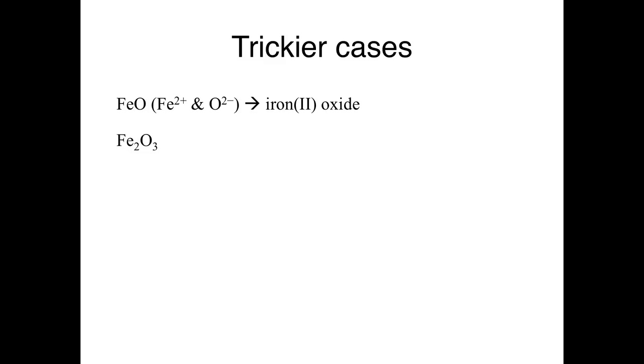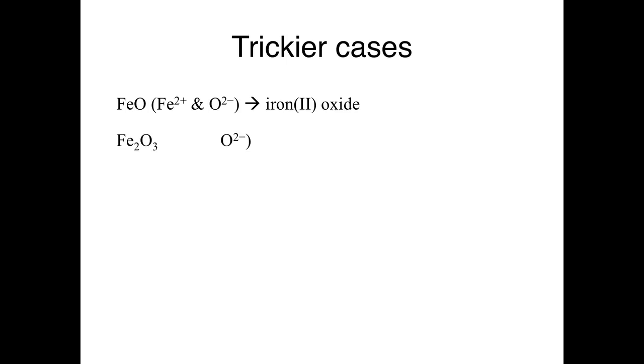Another example, Fe2O3. The oxygen still has a negative 2 charge, always. In this case though, there are 3 oxygens, so 3 times 2 minus is negative 6. To cancel out that negative 6, you must have positive 6 contributed from your iron. The subscript on the iron is 2. So if you have 2 iron ions, they must add up to positive 6.